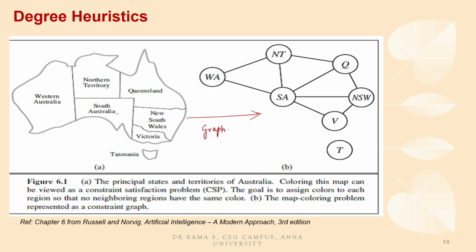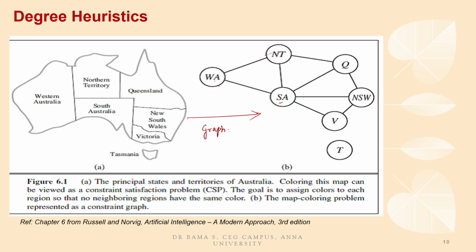Here each region is a node, the variable is a node, and the edges are the constraints. WA and NT are connected, these are adjacent regions, and WA is connected to SA, it is an adjacent region. And the degree heuristic says wherever the most degree is occurring, we can color it first.